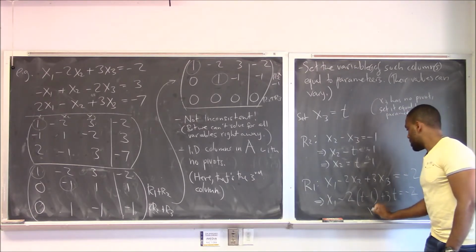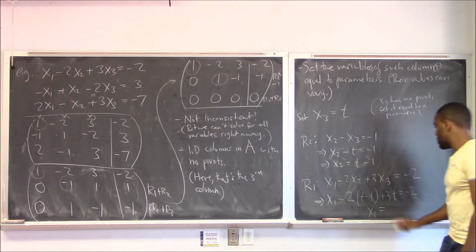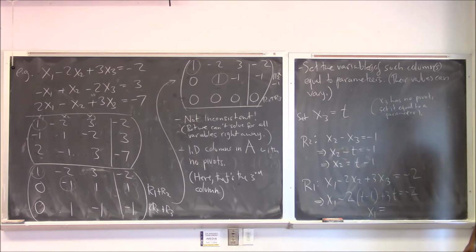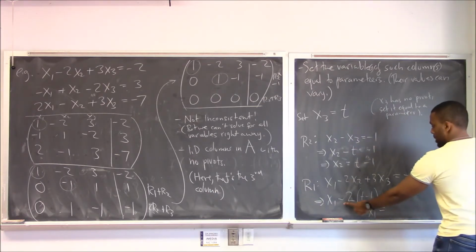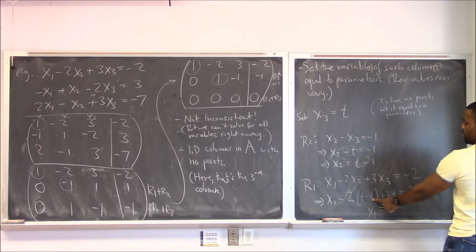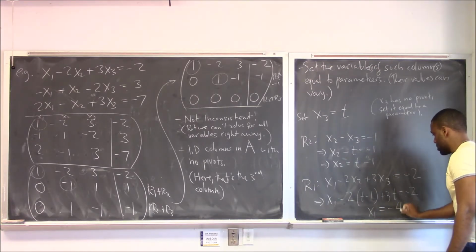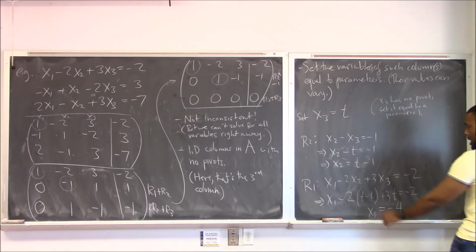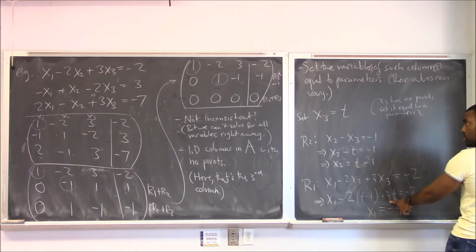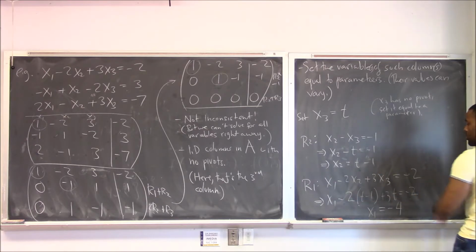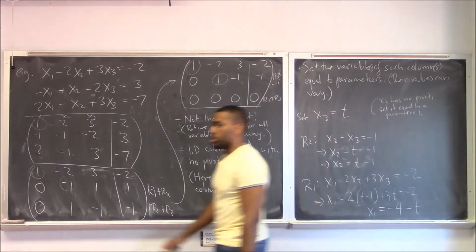And so I can say then that x1 is going to be equal to, let's see what this is going to end up being. We're going to take minus 2 times the minus 1, that gives me a plus 2, right? Take that plus 2, subtract from the other side, that will give me a minus 4. Then I would have minus 2t plus 3t, which gives me t, which then I would subtract to the other side and get minus t. So that's my x1.